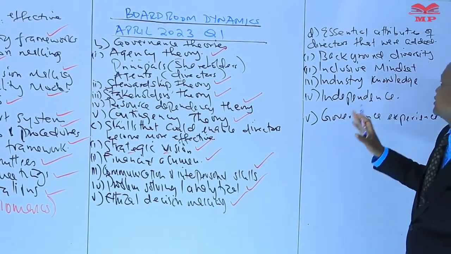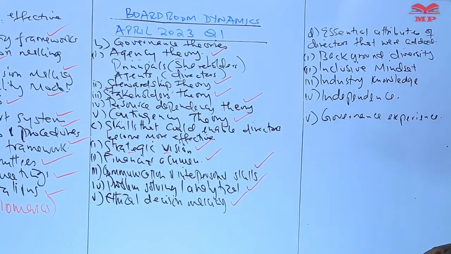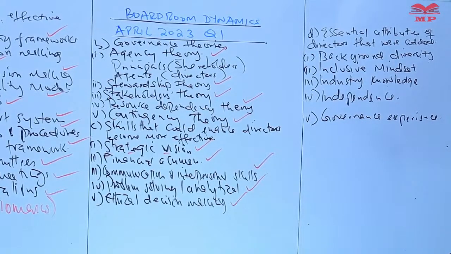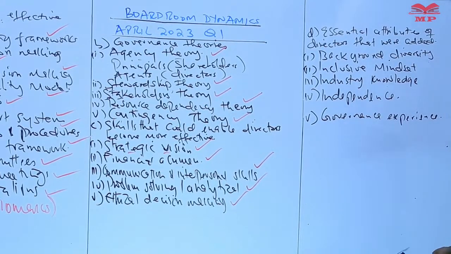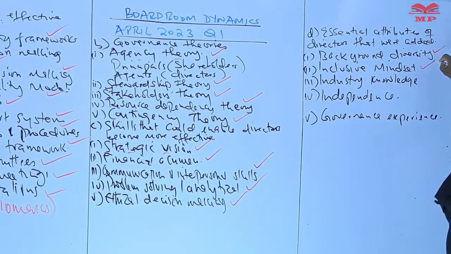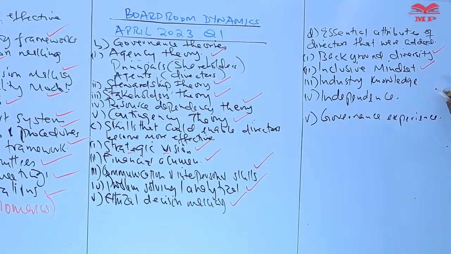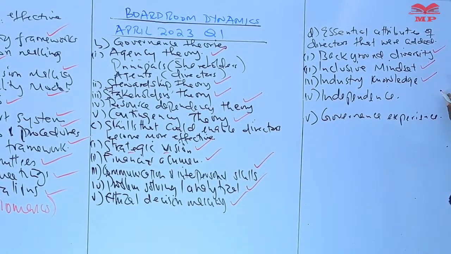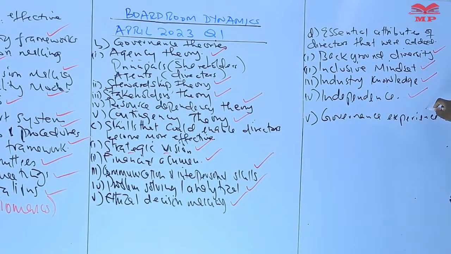So these are some of the essential attributes that were considered when adding new directors to the company. Number one, background diversity. Number two, inclusive mindset. Number three, industry knowledge. Number four, independence. Number five, governance experience. How many marks?